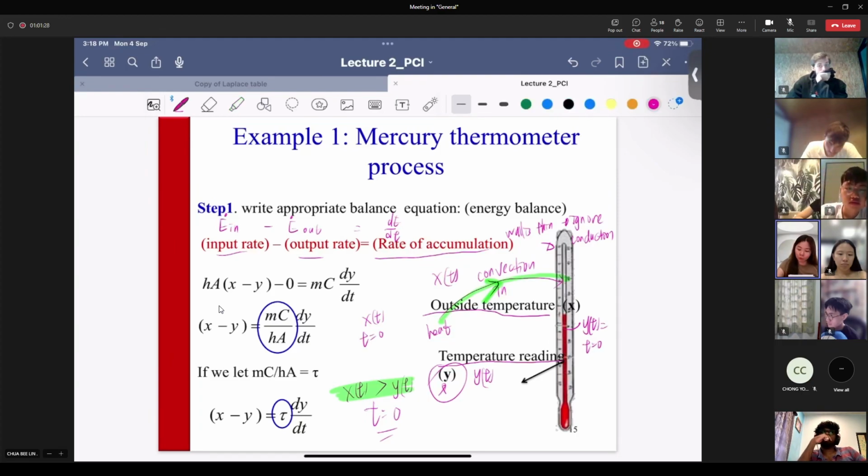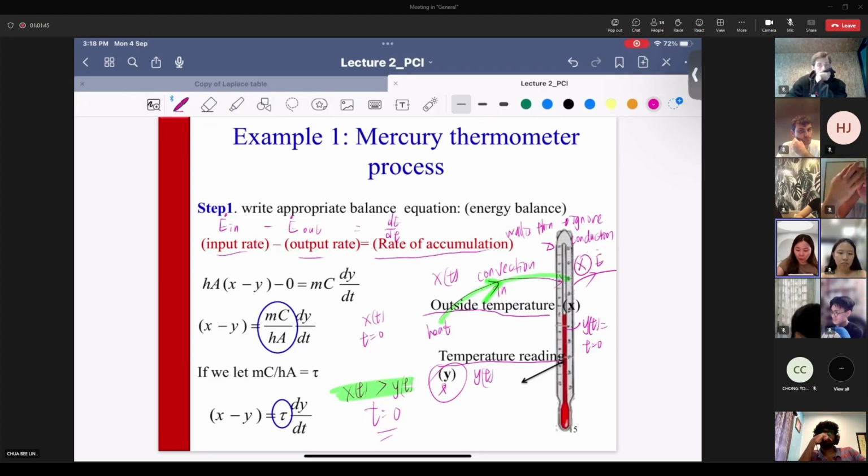And we assume there is no energy transfer out from the thermometer mercury to the surrounding air. So you do not have any E dot out. No heat loss from the mercury to the surrounding air. So you only consider in.